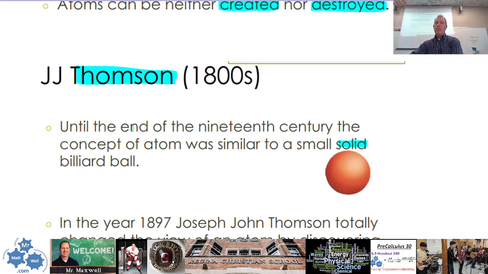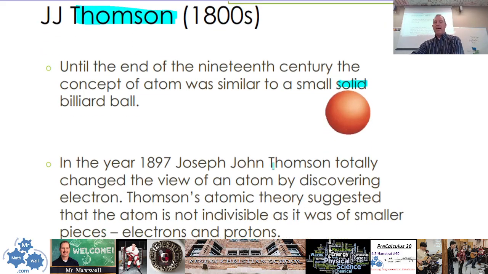And at this point, J.J. Thomson thought that as well. But in the year 1897, Joseph John Thomson, J.J. Thomson, totally changed the view of the atom by discovering the electron. Thomson's atomic theory is where the atomic theory changed. He said the atom has to look a little different than what we thought.